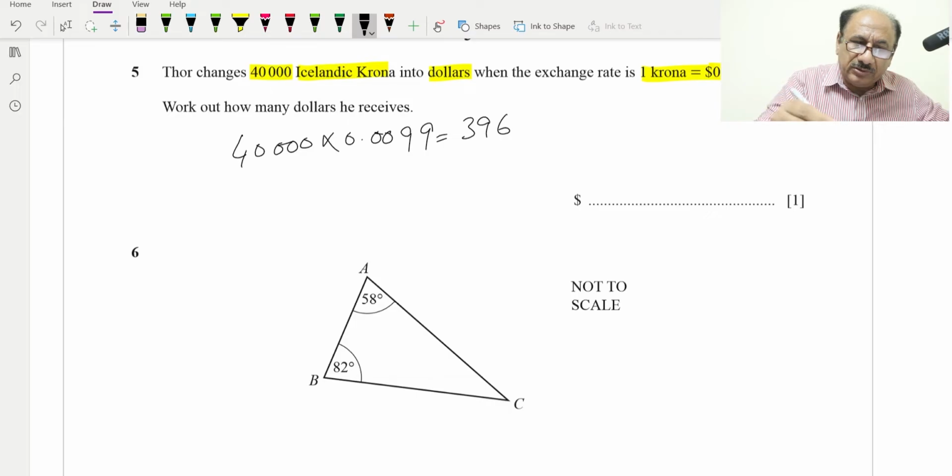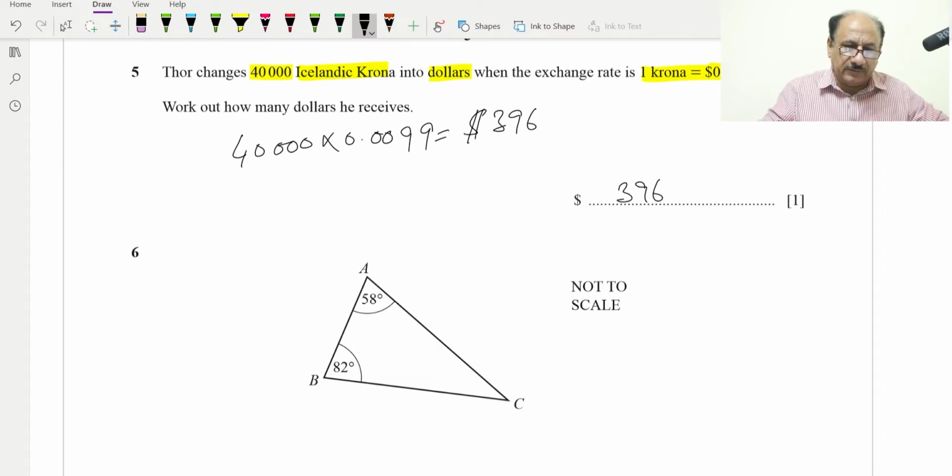This will be basically dollars, so we can put a dollar sign over here. So 396 will be our answer. So we can properly write 396 like this.